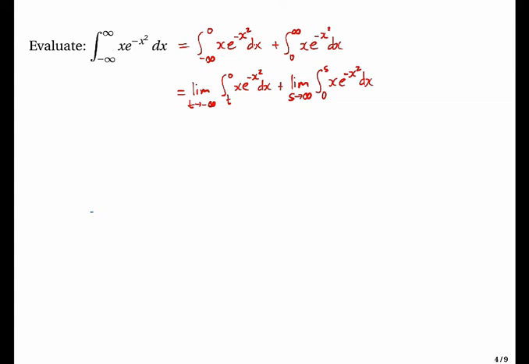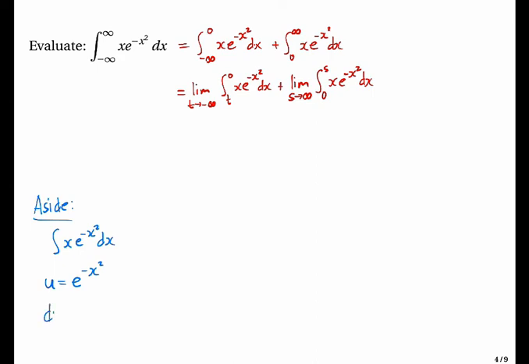So in here, let us work first on finding the antiderivative of x e to the minus x squared. So let me put the work on this part. We want to integrate x e to the minus x squared dx. We easily see, we use substitution, u equals, say, e to the minus x squared.